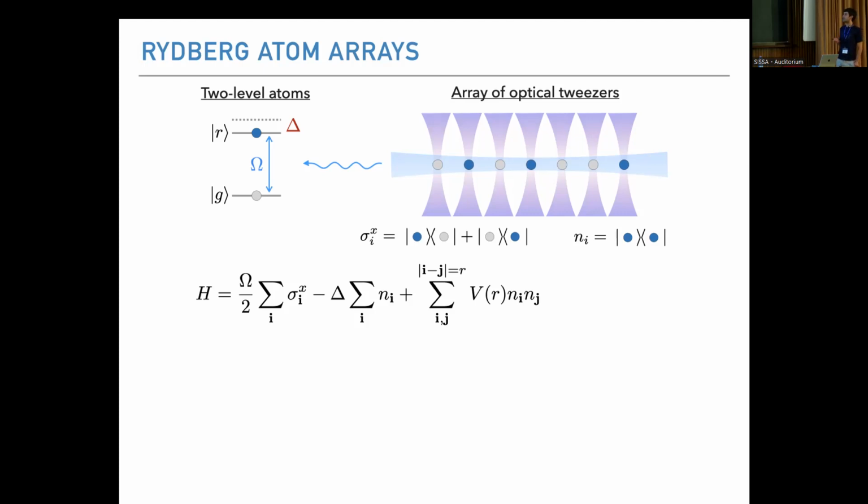essentially tuning the density of excited atoms in this lattice. In this case, I draw a 1-dimensional chain. And the way these atoms are arranged into this chain or into whatever 2-dimensional geometry you can think of is by optical tweezers, which allow for a very high level of manipulation of the lattice geometry.